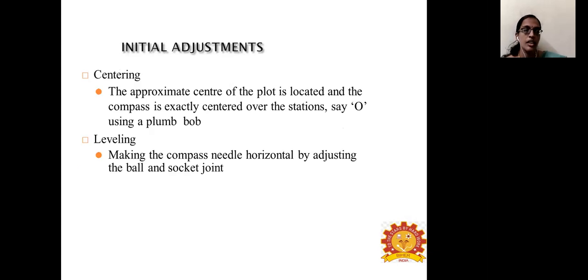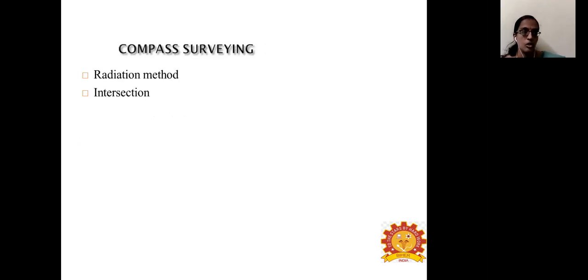So the initial adjustment you can do is centering. Centering means you mark the point on the ground and similarly on the paper. The approximate center of the plot is located, and the compass is exactly centered over this station, say O. In leveling, you make the compass needle horizontal by adjusting the ball and socket arrangement.